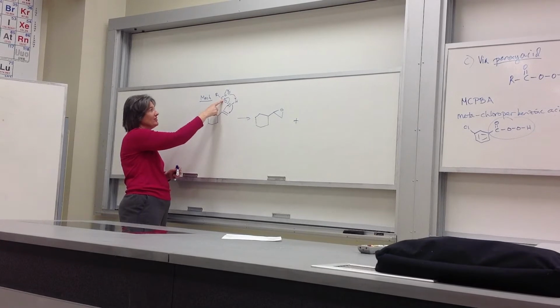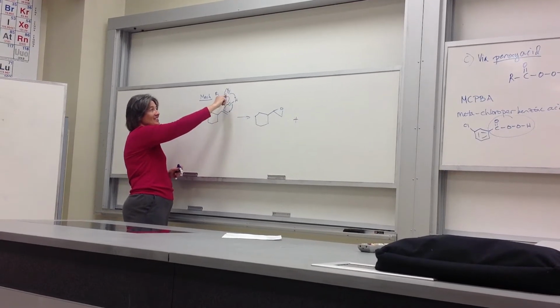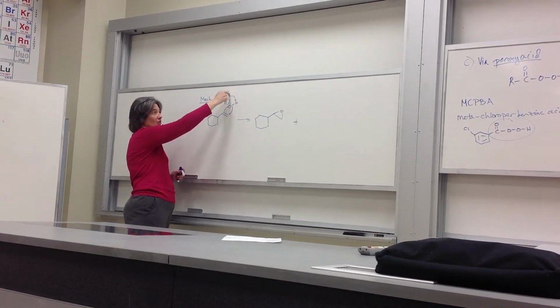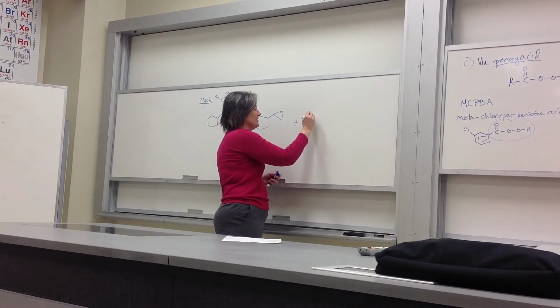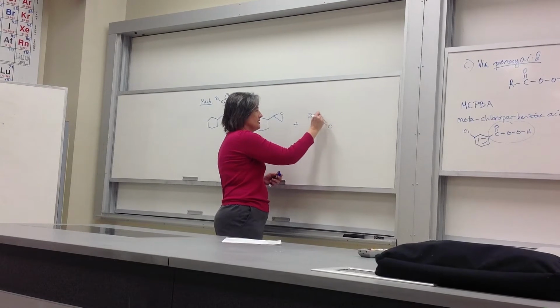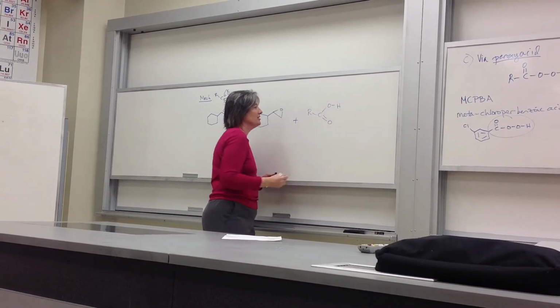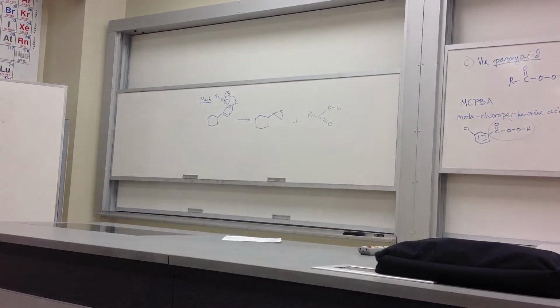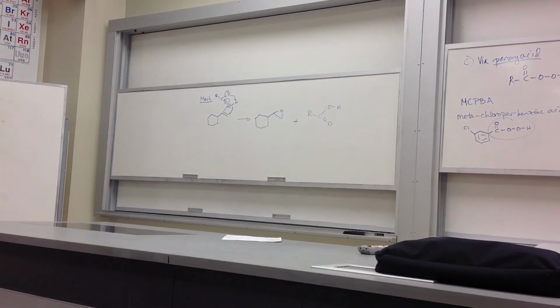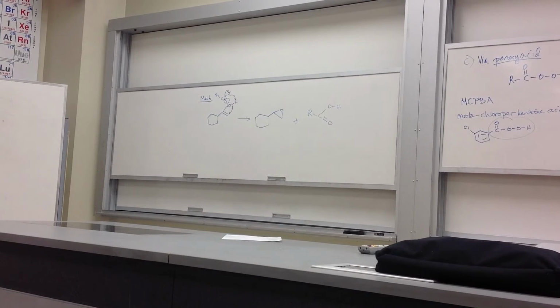This became a single bond to an OH. So this looks like this: R, C double bond O, OH. It goes away as a carboxylic acid. We just sucked the peroxy part of it out. This is one of the most interesting mechanisms, I think.